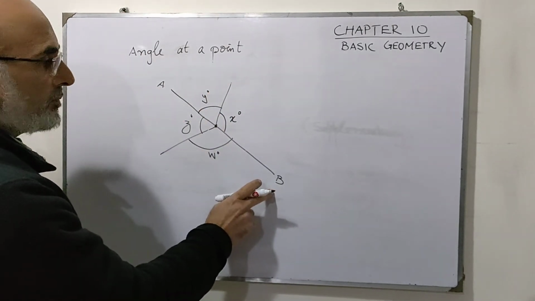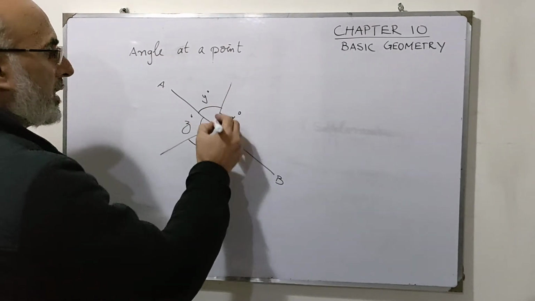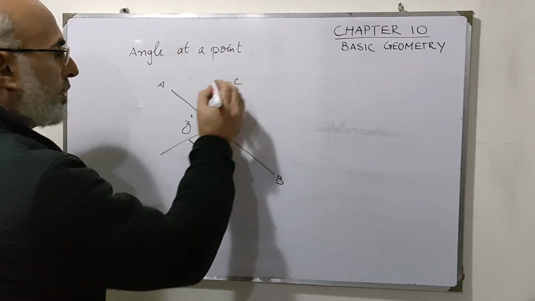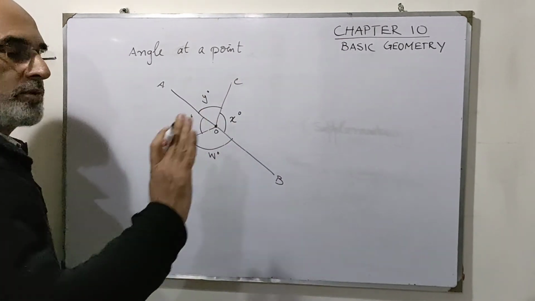AB is a straight line, and this thing, if we call it OC and OD, they are two separate lines.